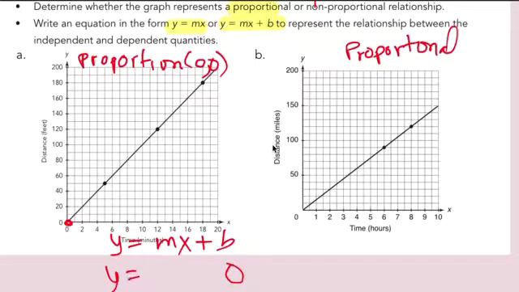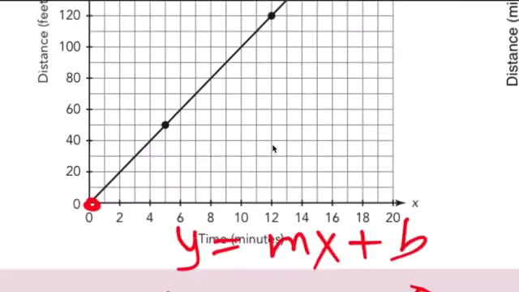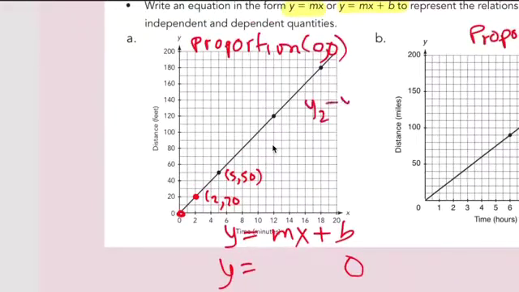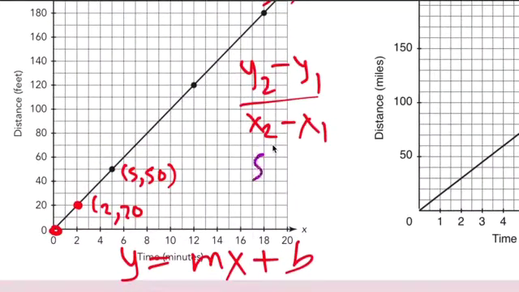Y equals, the slope is, let's do the formula, 20 and 50. Okay, y sub 2 minus y sub 1 over x sub 2 minus x sub 1. Even though we know the answer, practice the formula because it's very important. 50 minus 20 is 30.